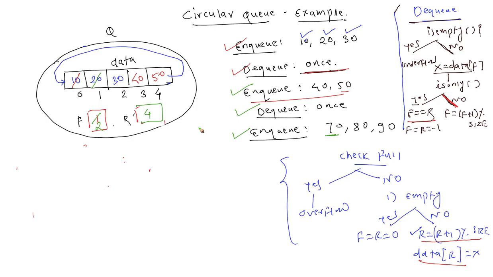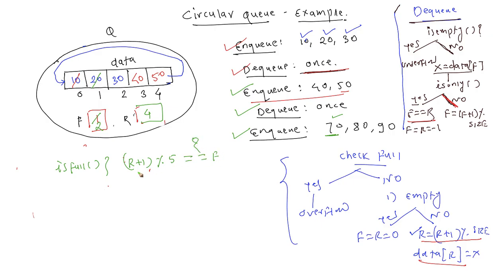So what I am doing here, for enqueuing 70, same process I'll follow. Is the queue full? How will I check that? Simply check r plus 1 mod 5, 5 being the size of this array, is it equal to f?